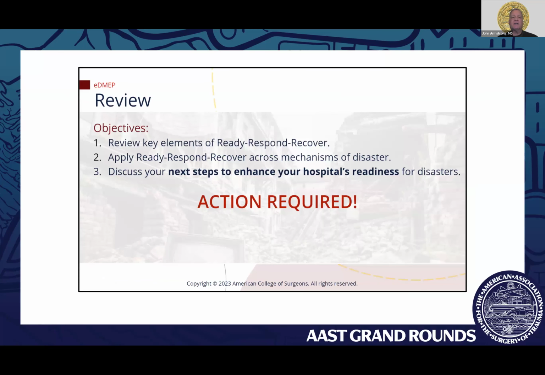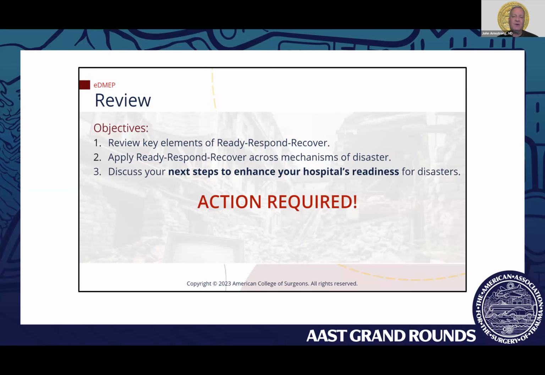This is the final slide in the summary talk. Again, E-DMEP, 4 hours. It has 8 modules and ultimately has the objectives that you see here. A learner should be able to review the key elements of ready, respond, recover, and apply them across various mechanisms of an all-hazard disaster plan. And importantly, the learner should come out of E-DMEP able to discuss next steps.